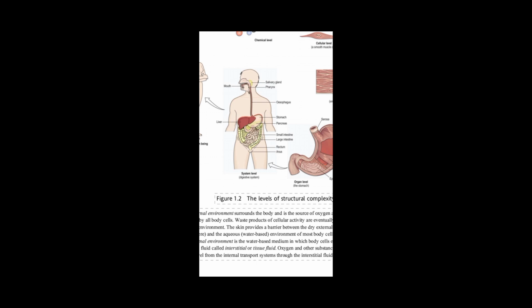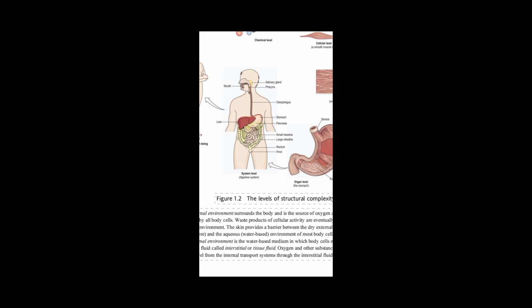Then the outermost layer is the serosa, right? So these different types of tissues, that is the muscle tissue, the epithelial tissue, and the serosa, combine to form an organ. In this case, the stomach.